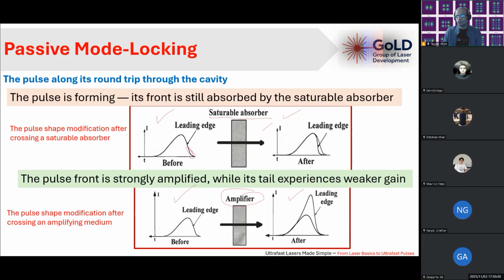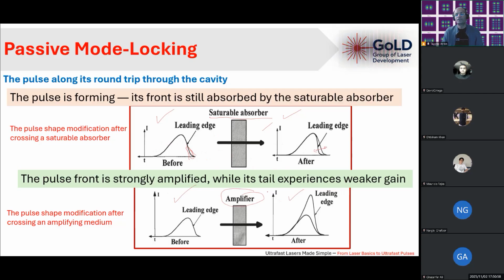So this portion will be reduced, and this is temporal actually, we are showing this portion will be squeezed, like here. You can clearly see the pulse becomes shorter. So the characteristic of the saturable absorber, to absorb the low intensity portions, helps you to get a shorter pulse.